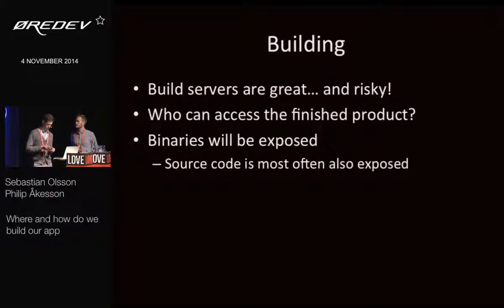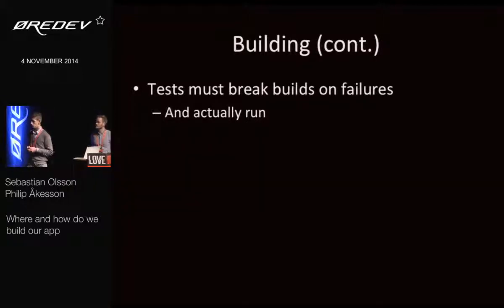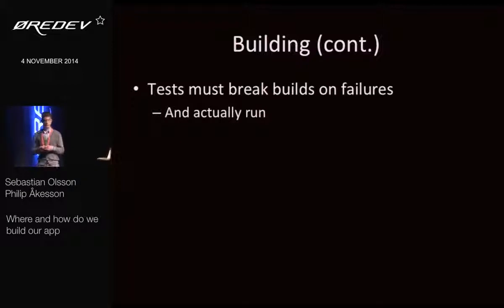And when you build on your build server, you should make sure that the tests you of course have are being run all the time on each build. And if any tests fail, you should not get any useful output at all. Nothing that's executable. That's really important.